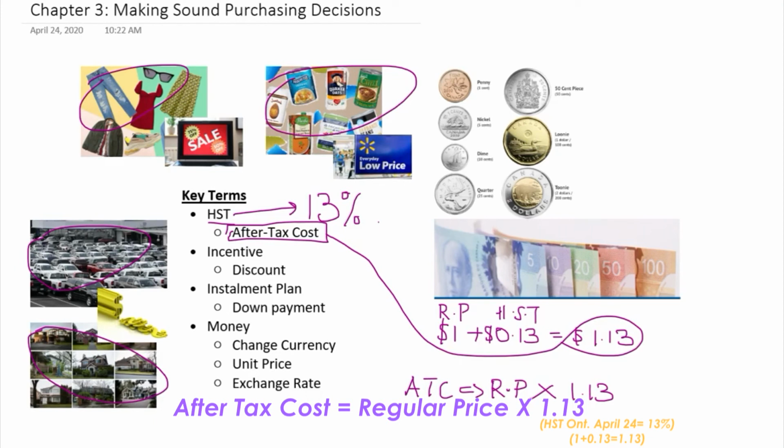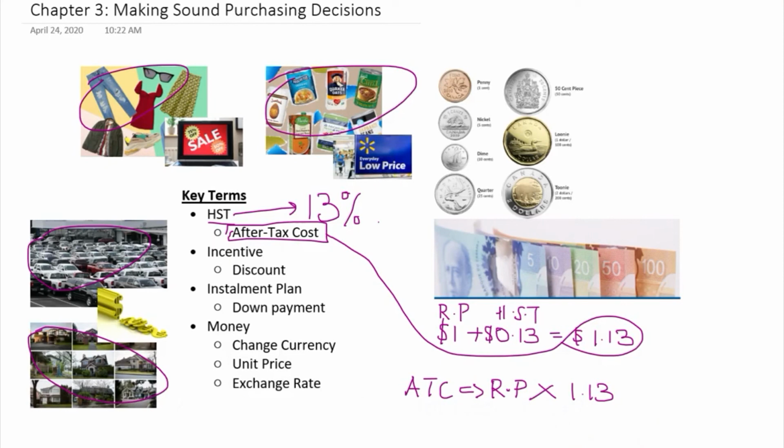If it is in a different province, like for example, let's say New Brunswick, it might be 15%. It will be the regular price times 1.15. But because we're in Ontario, you're going to multiply your regular price by 1.13 always, and you're going to get a price for that particular regular object after tax cost.